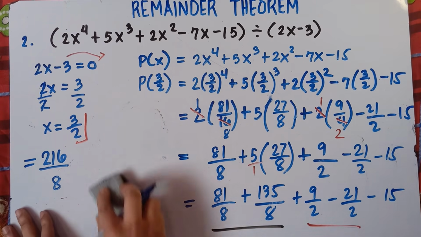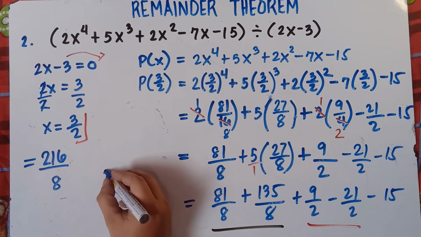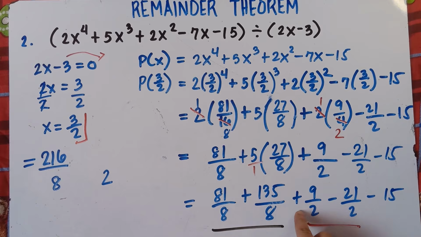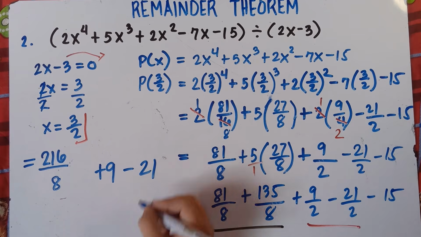Then you can combine this one, class. 9 and negative 21. So the denominator will be 2. Once again, class, if combining fractions with the same denominator, you copy the denominator. But you need to check, class, if it's negative or positive. So let's combine, class. Positive 9 combined with negative 21.